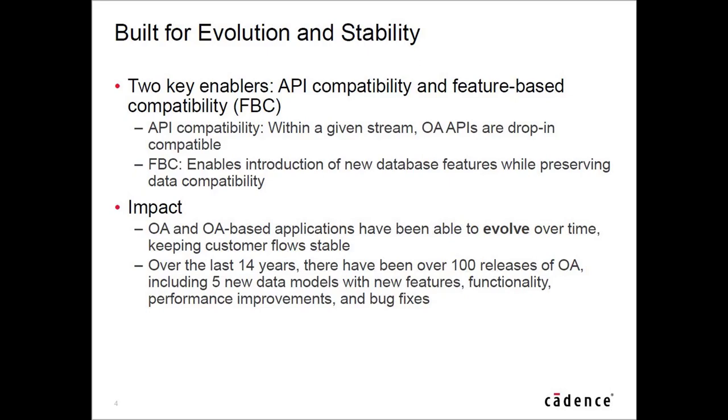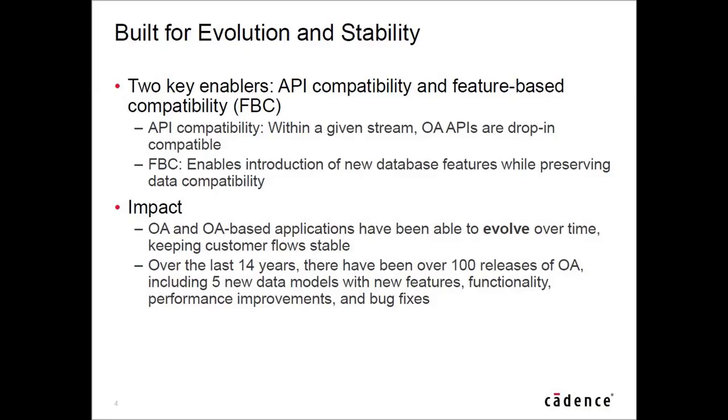By API compatibility, we mean that within a given stream, like the 2250 stream, OA APIs are always kept drop-in compatible, which means over, say, the 2 or 3 year lifetime of an open access stream like 2250, we never change any of the API signatures unless we're adding a new parameter, which means your applications will continue to run.